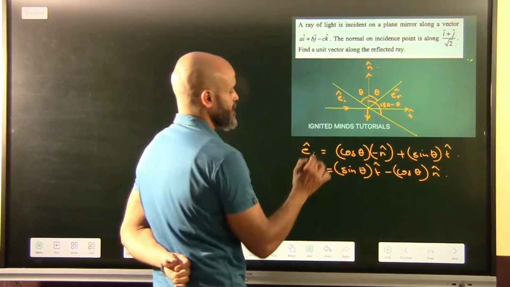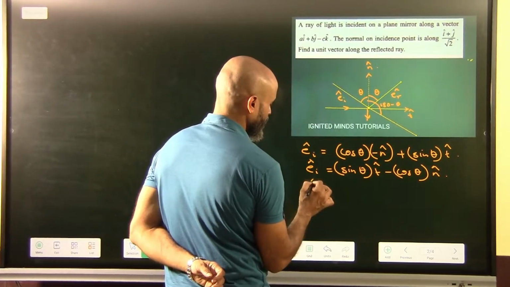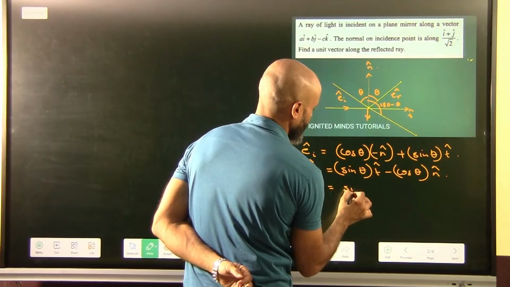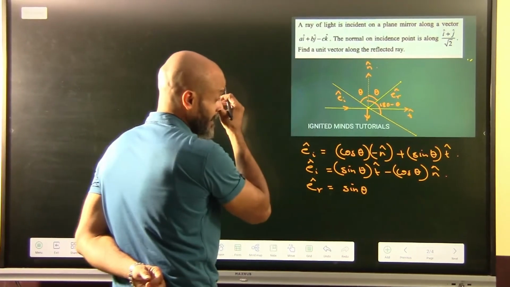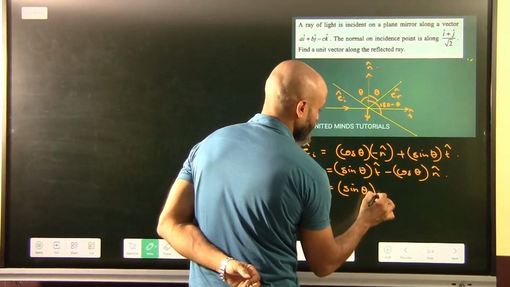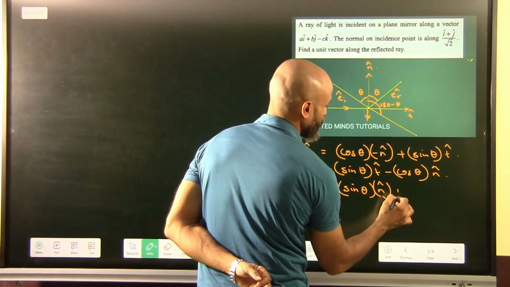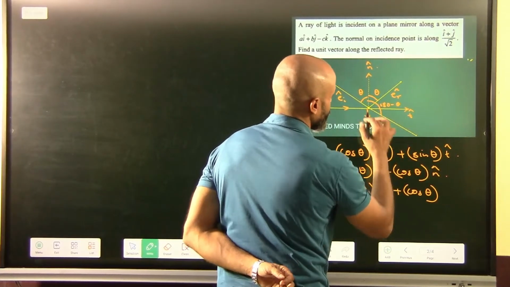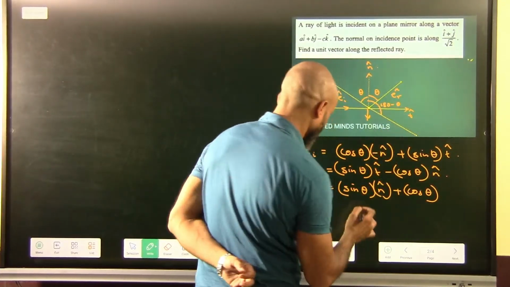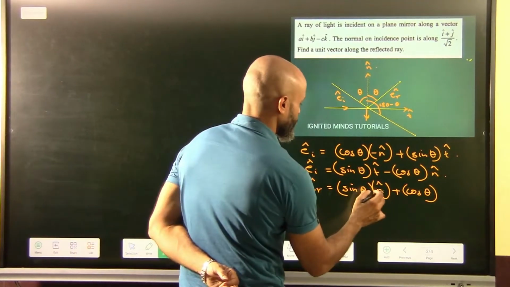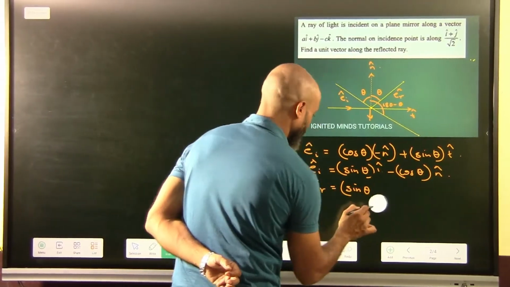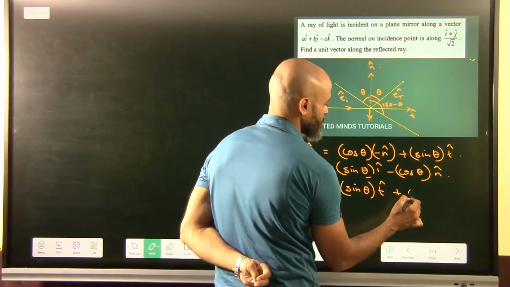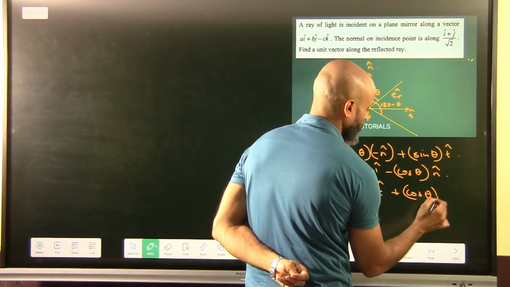In the same way for ER we will have sine theta along the tangential component plus cos theta along n.